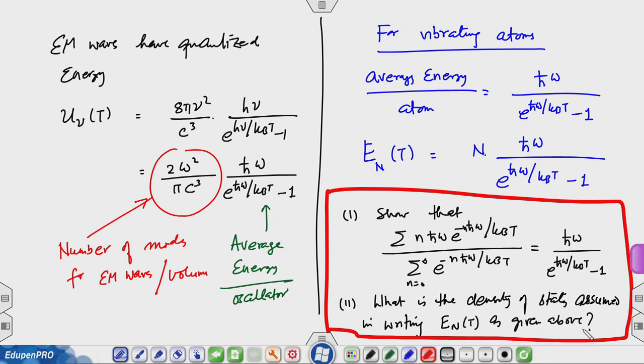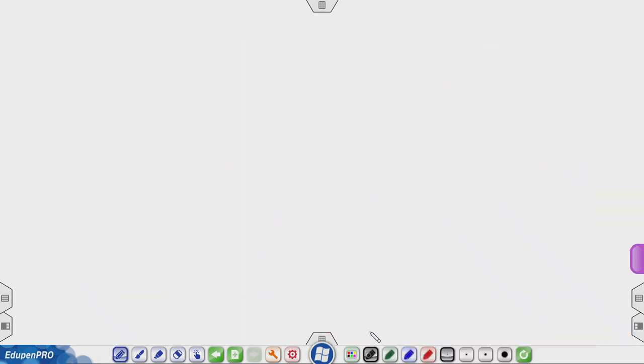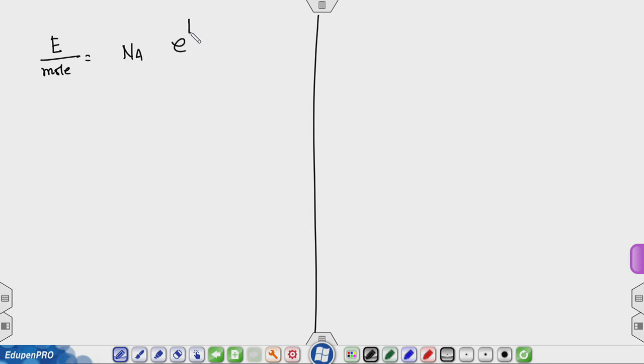So, once we have done that, it is very easy to calculate specific heat. So, given E per mole, I will write N Avogadro times the average energy per atom, which is h cross omega over e raised to h cross omega over k B T minus 1.